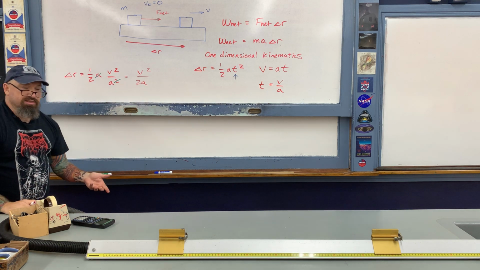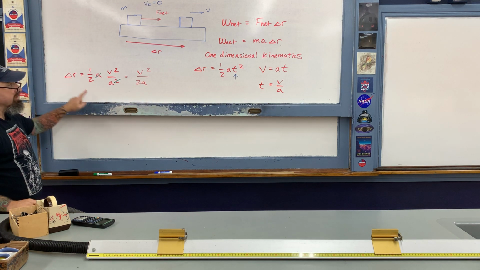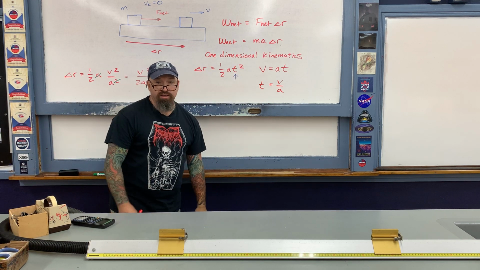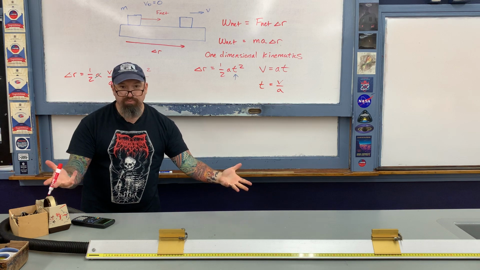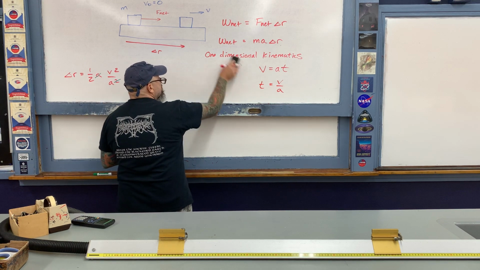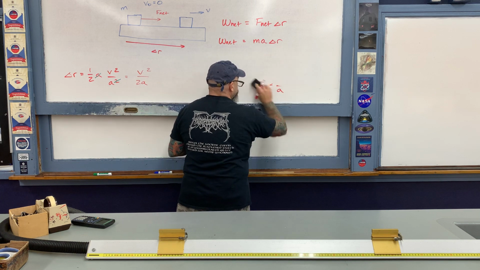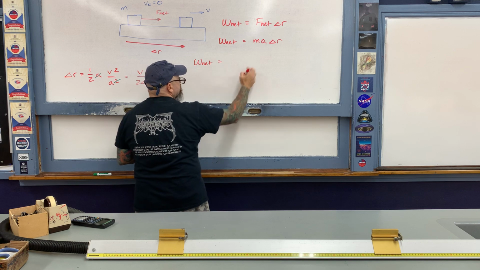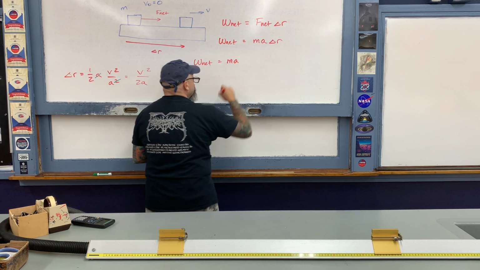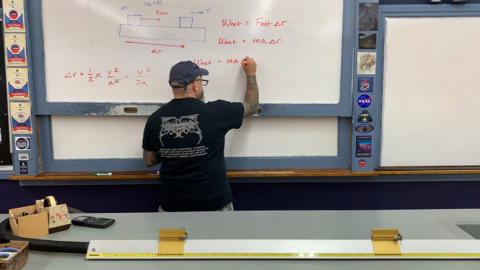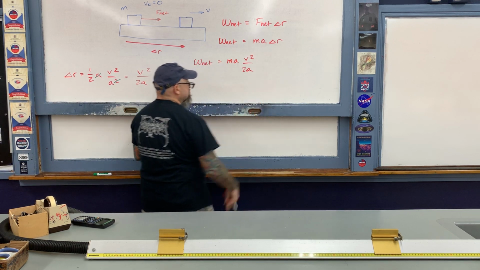And now I'll take this expression for the displacement delta r, and plug it in right here, just into the definition of net work. Let's see what happens when I do. Okay, now I need to do some erasing, so let's go ahead and get rid of this, like so. And now net work is as follows. First of all, ma, and then multiplying by the displacement, v squared over 2a, like so.